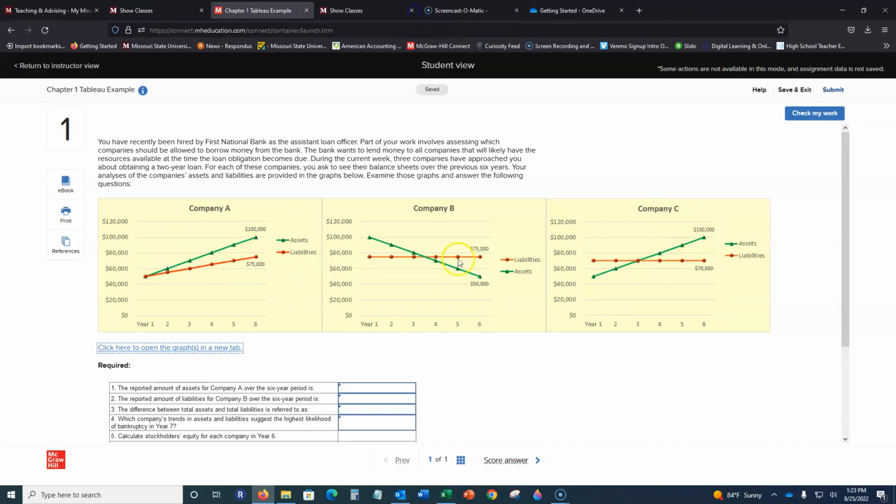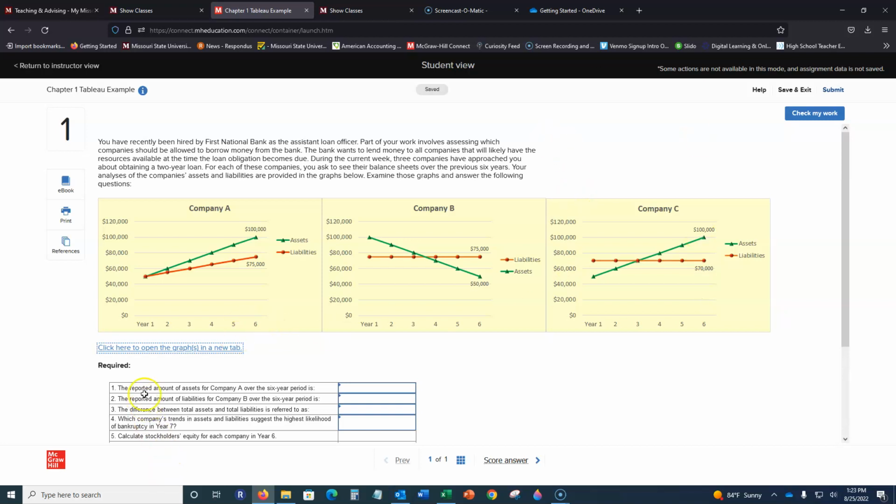You can click on that link. These are fine. As we get into more detailed Tableau assignments, you might want to pop these out to a different window or look at each of them separately. But right now, it's a pretty simple, straightforward set of graphical information. It's simply presenting the company's assets and liabilities over a 6-year period for each of the 3 companies.